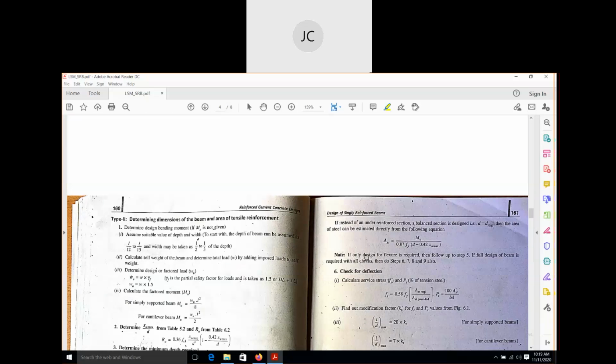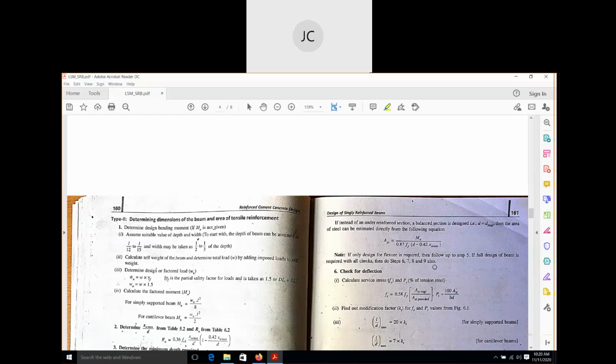But you can see in the note it is written that if only design for flexure is required, then follow up to step 5. But if full design of the beam is required with all the checks, then do steps 6, 7, 8 and 9 also.